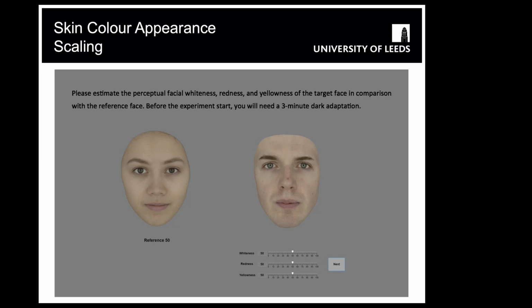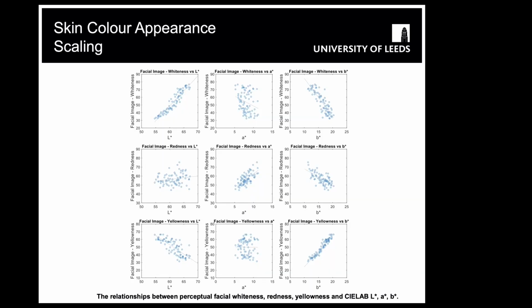Okay, so we do the experiment. We want people to scale their whiteness, redness, yellowness for different facial images, so that we'll be able to predict the whiteness, yellowness, and redness from LAB values.